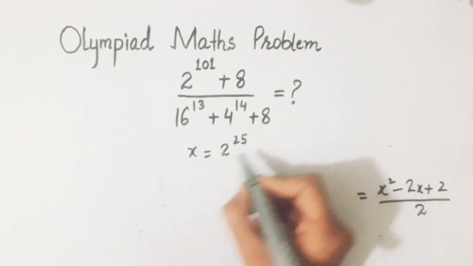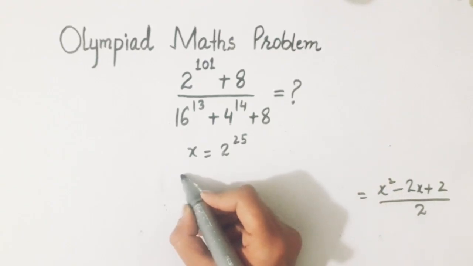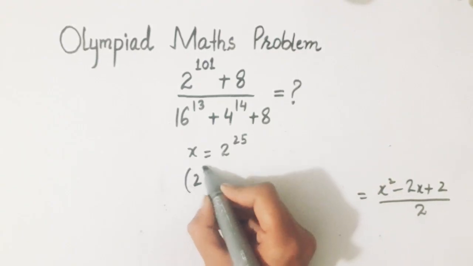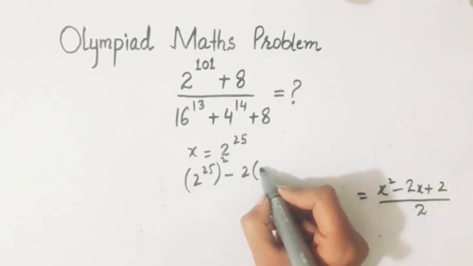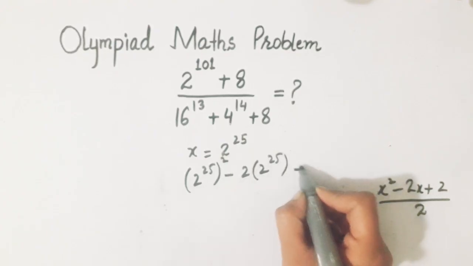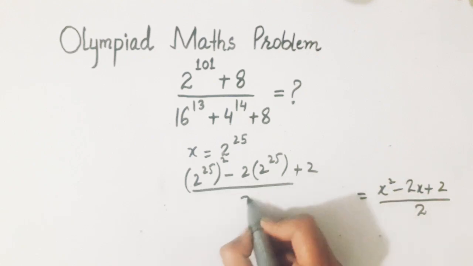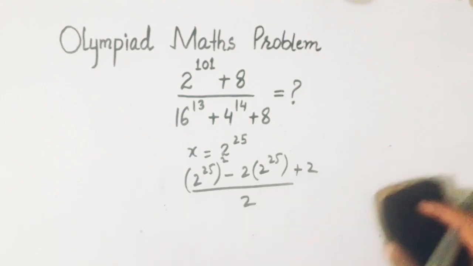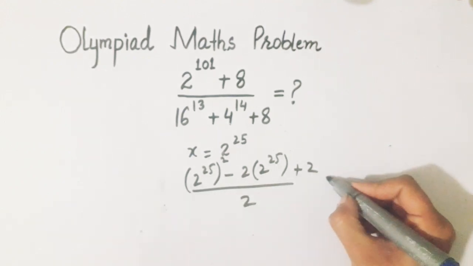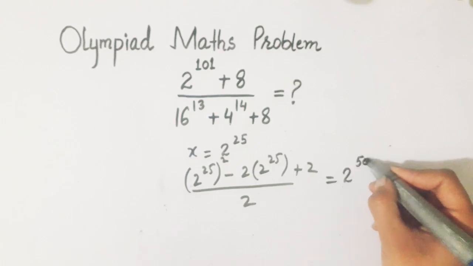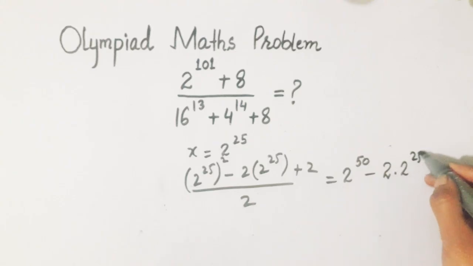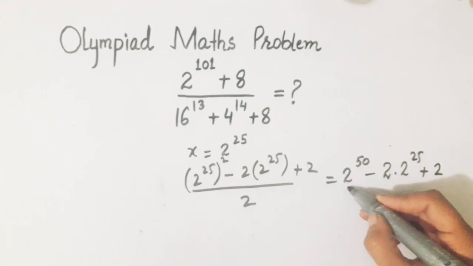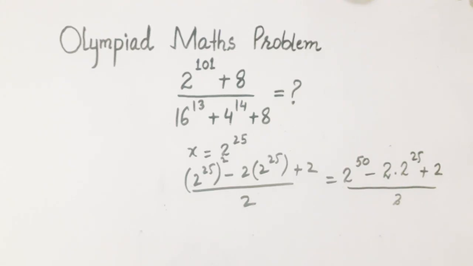So we get (2 raised to power 25) square minus 2 into 2 raised to power 25 plus 2, and divided by 2. So this will become 2 raised to power 50 minus 2 into 2 raised to power 25 plus 2, divided by 2.